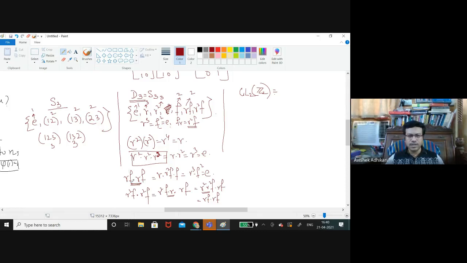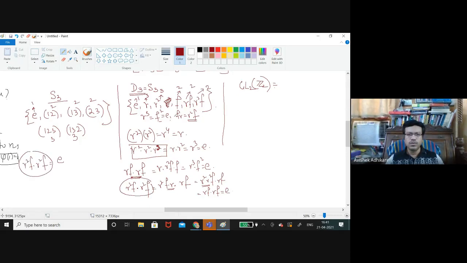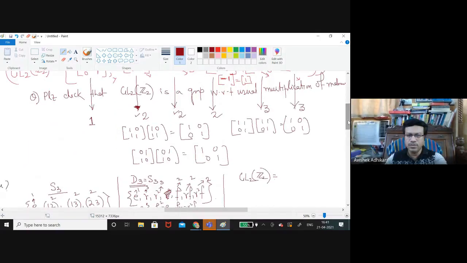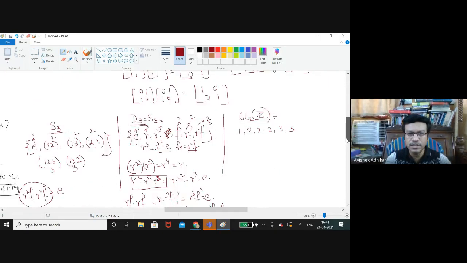Just now we have seen that rf square is E, so this is E. It's a cross check, so it was E. So order of 1 3 3 2 2 2, and just now we have also seen in Z5, in GL2 Z2 we also have 1 2 2 2 3 3. So just try to compare these three things.